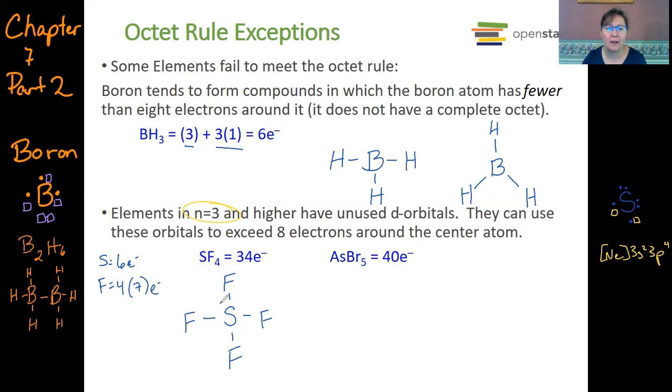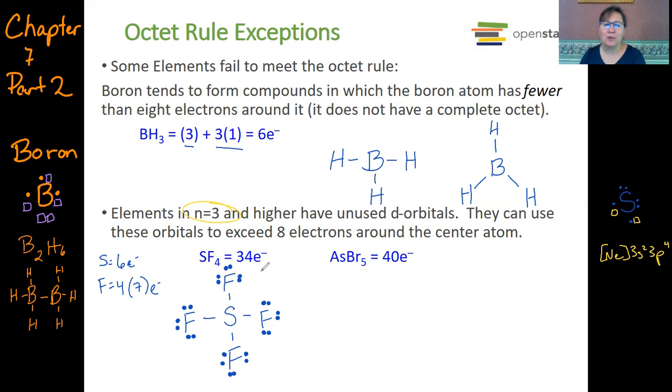So we're going to do that first. So we have 2, 4, 6, 8, 10, 12, 14, 16, 18, 20, 22, 24, 26, 28. Did I count those right? Okay, so we have 8, 10, 12, 14, 16, 18, 20, 22, 24, 26, 28, 30, 32.